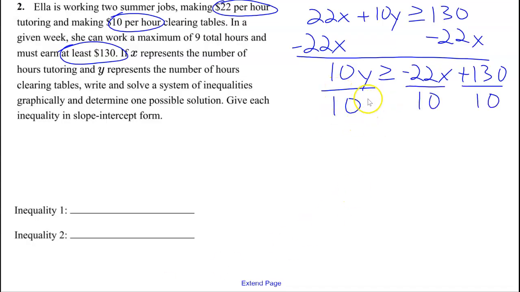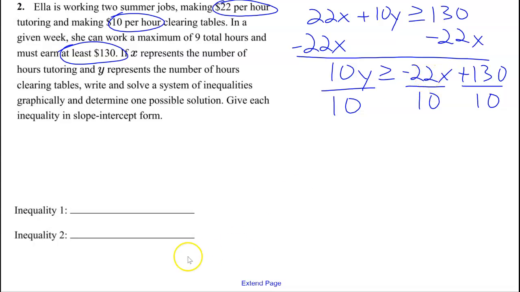Now, we're going to divide by 10 so we can get the y by itself. Once we divide by 10, be very careful here. You're going to have a decimal when you divide by 10 on this 22, but we don't want a decimal.